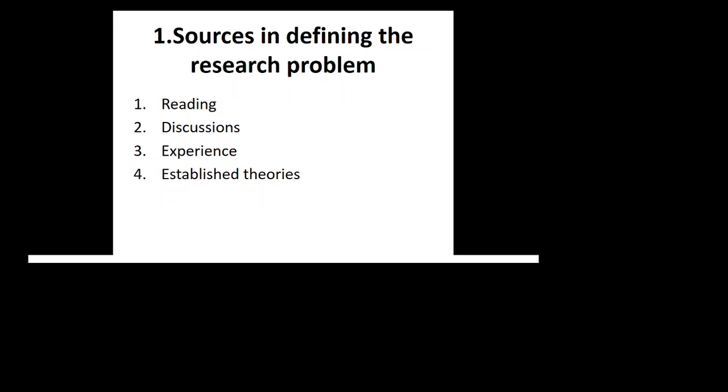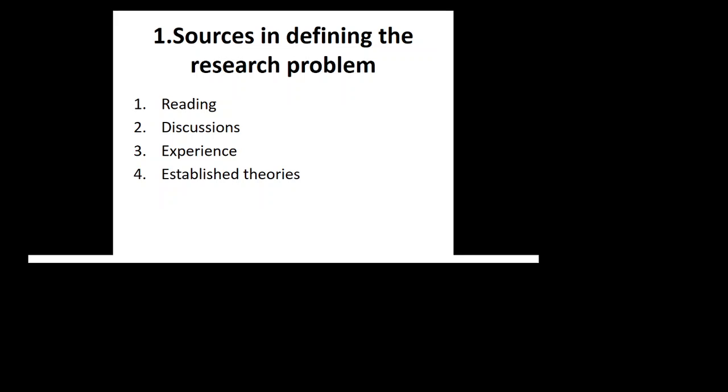So under 1, sources in defining the research problem, we come to the first point, reading. Reading basically is gathering of information from various sources, either primary or secondary. Information gives power.